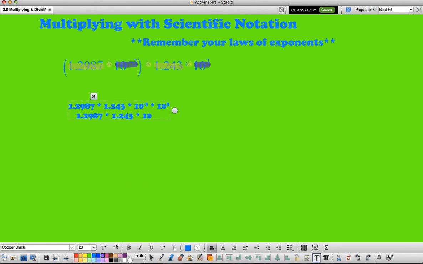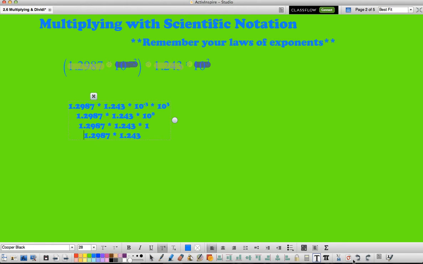So I get 10 to the 0 power. Now I also know that 10 to the 0 power equals 1. So in this case, I end up doing these numbers times 1, which ends up meaning that I'm just going to do my two numbers multiplied together.